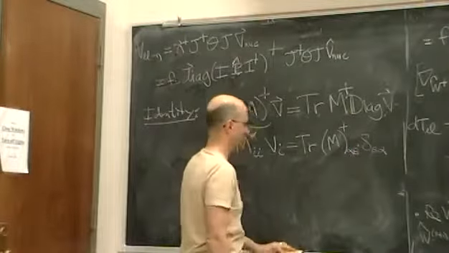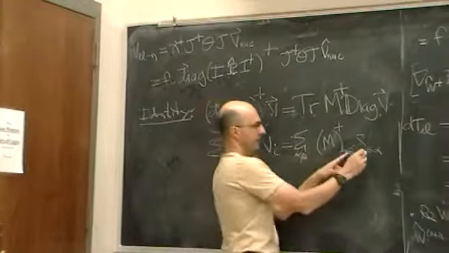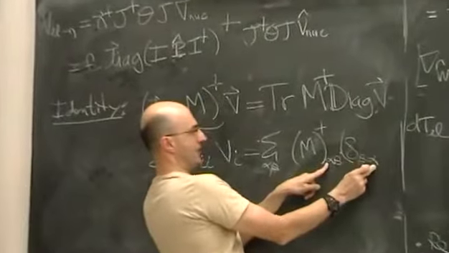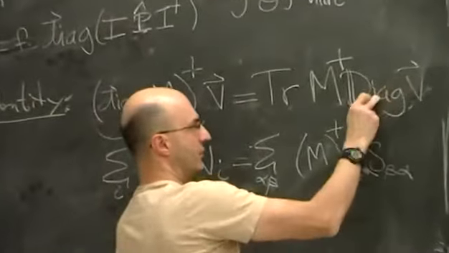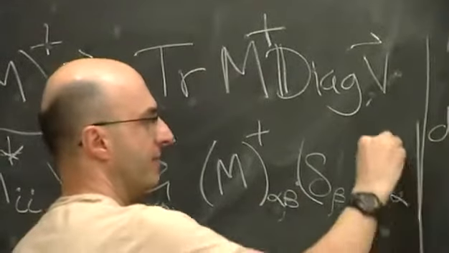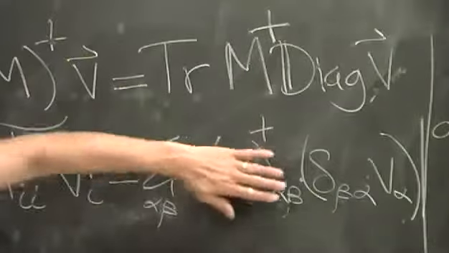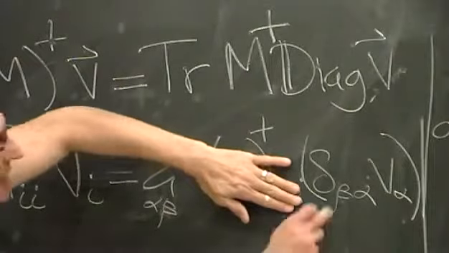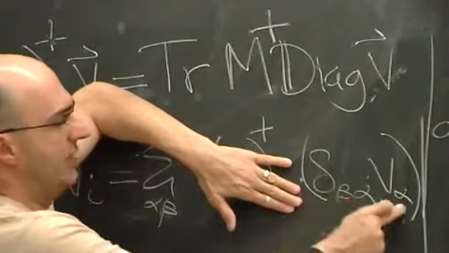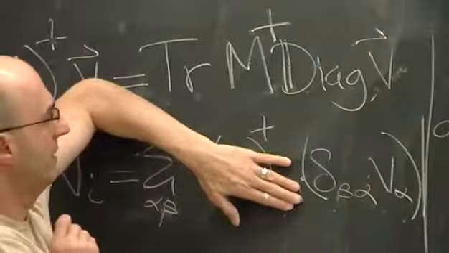Like maybe I should write this in summation. Sum on alpha beta, right? And then I'm multiplying, then I'm tracing over the outer index. But to make V into a diagonal matrix, I need the Kronecker delta times the components of V. Right? So just as a matrix beta alpha, this thing is diagonal, and when beta equals alpha, the value is whatever V alpha is. So that's the meaning of diag of V.